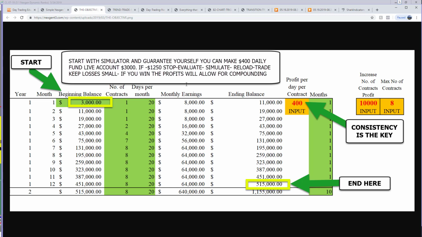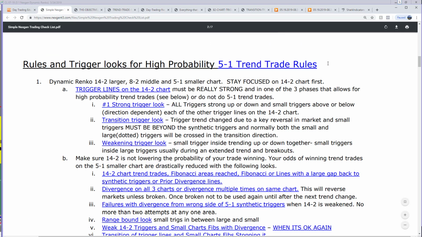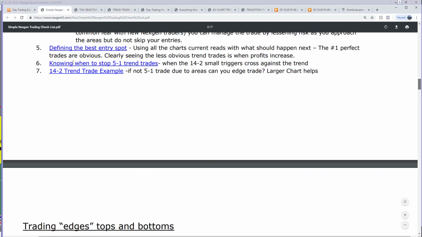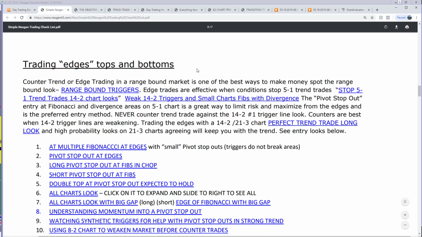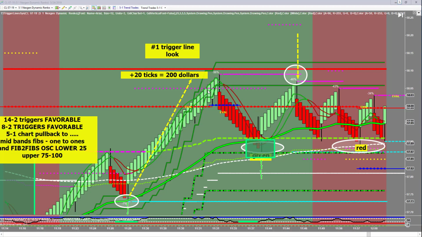The objective is high probability trend trade rules, which we're studying now. And the other objective is to take high probability edge trades, which we won't go into yet, but the objective is to make money. Let's just put it at that, okay? And with that objective, we need to ask ourselves, what's the look that's going to make us do the trade?